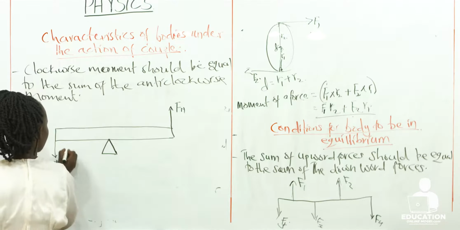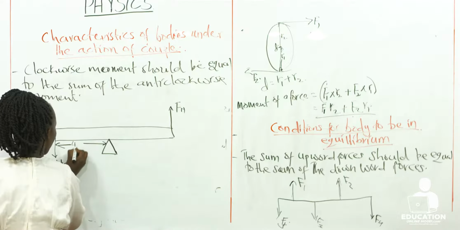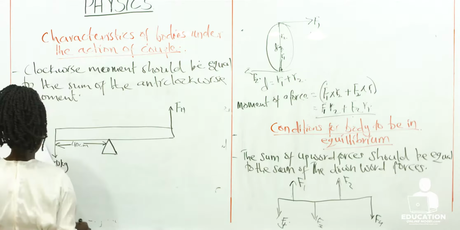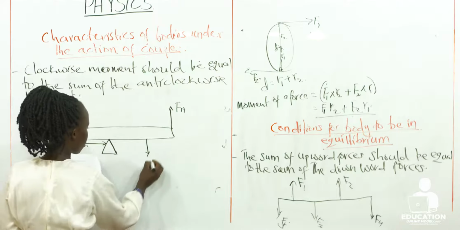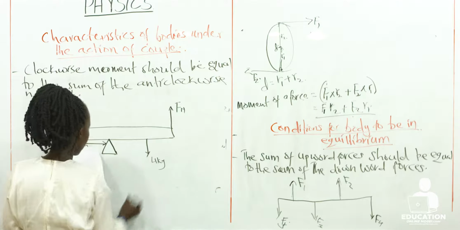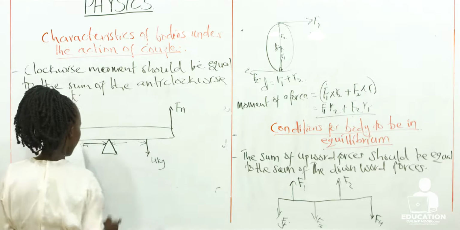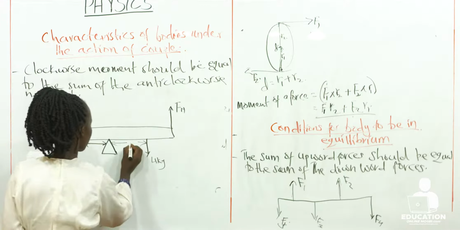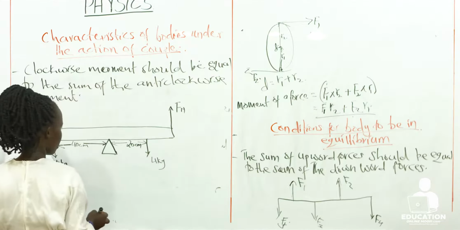So this mass is 40 centimeters away from the pivot. So we have another mass being here, which is of 4 kilogram. And the distance between that mass applied is 20 centimeters. So what do we have here?